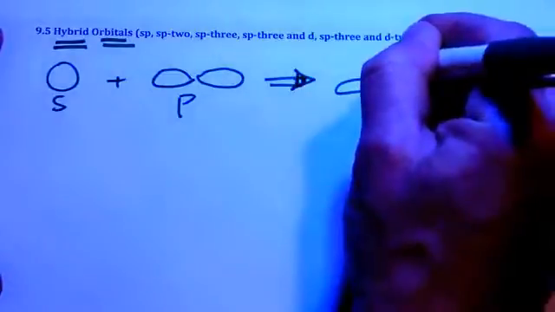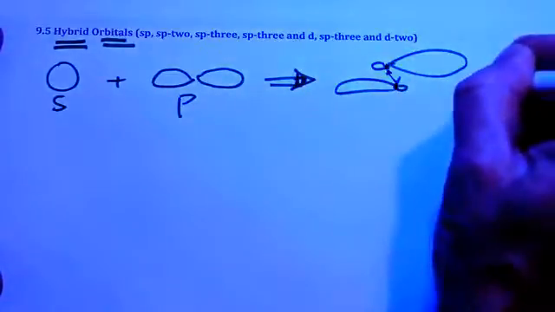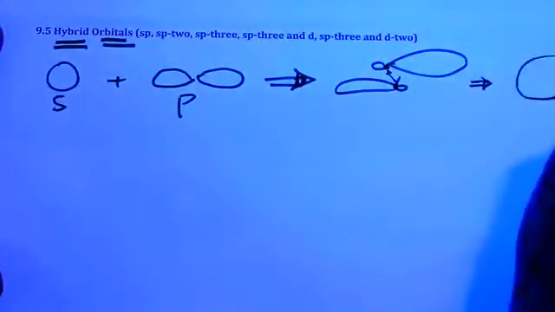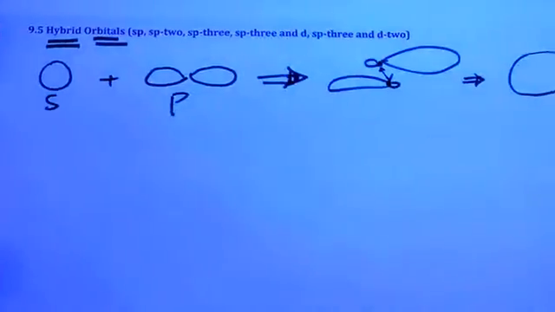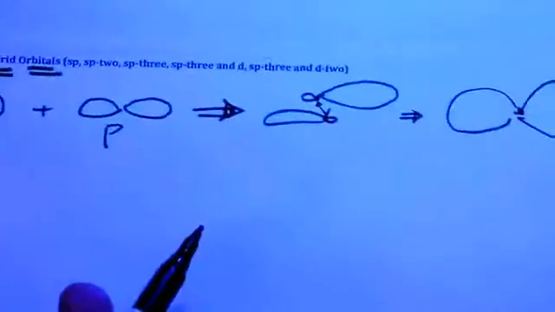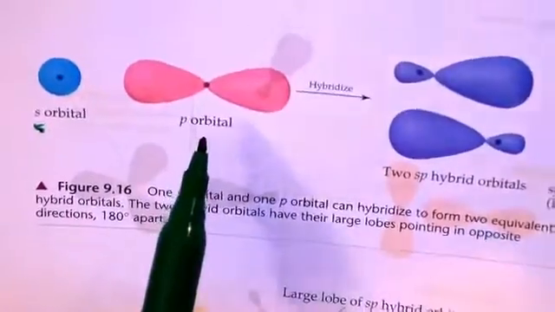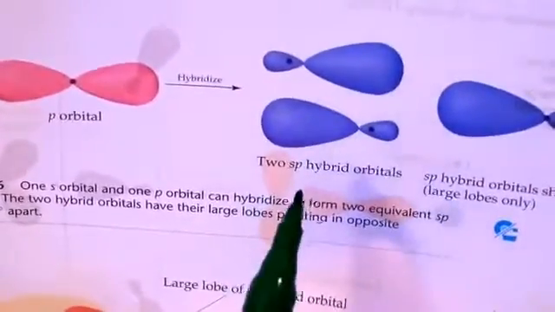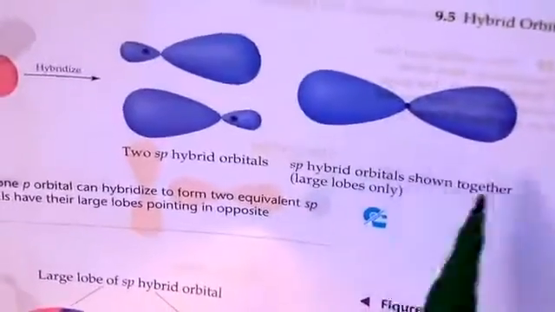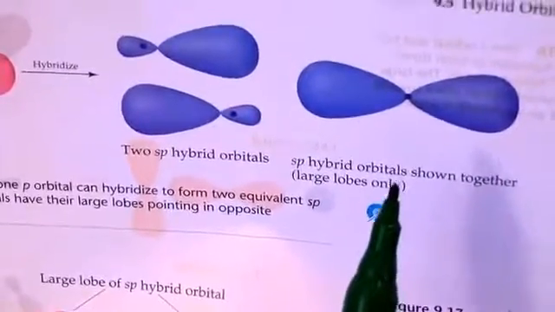And these two orbitals combine together to form like a giant p orbital that looks kind of like that. Now, your book has a much better picture, and it shows them right here. Here's the s orbital. Here's the p. Those combine together to form this thing. And then it really looks like a large hybrid p orbital.